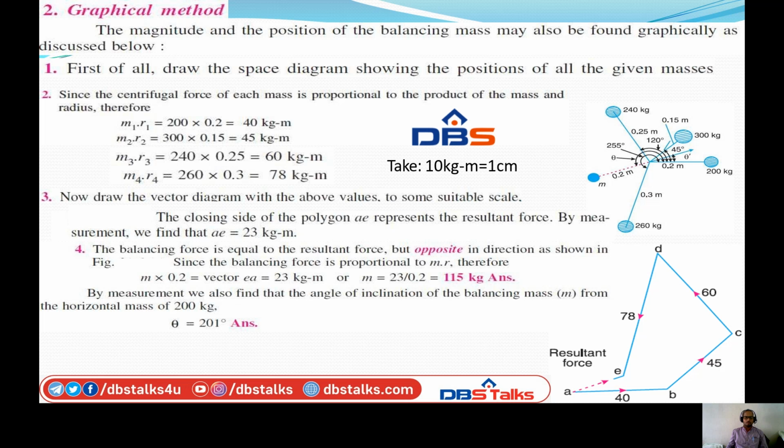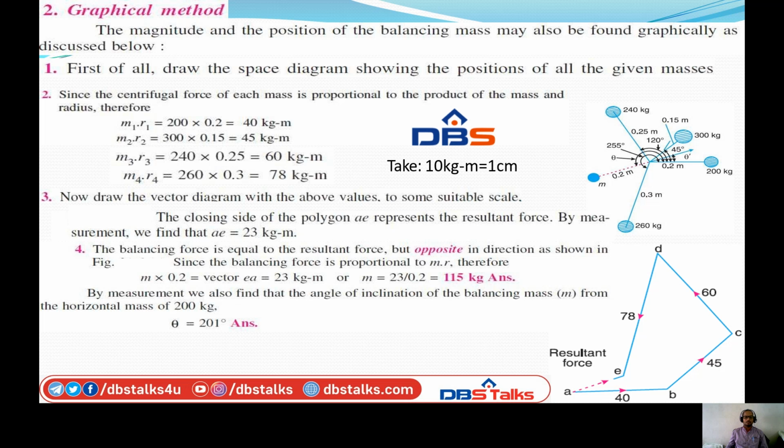So you just copy the space diagram. That means we have to draw the vector diagram based on the positions of the space diagram. The space diagram is constructed based on the details given in the question. That means the angles of positioning, all the references will be in the space diagram. So according to that, we have to construct the vector diagram.